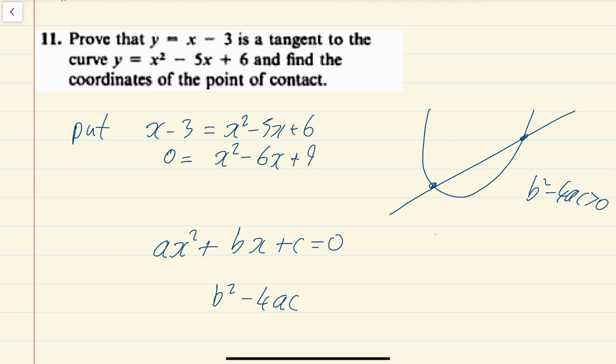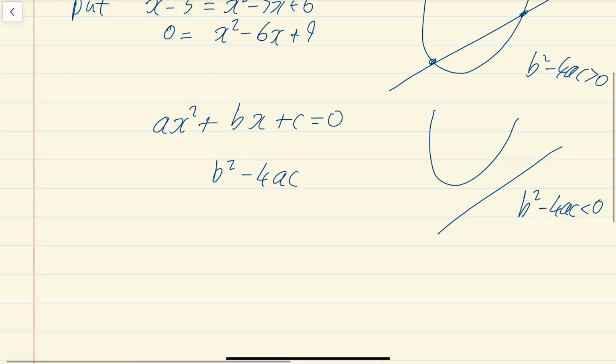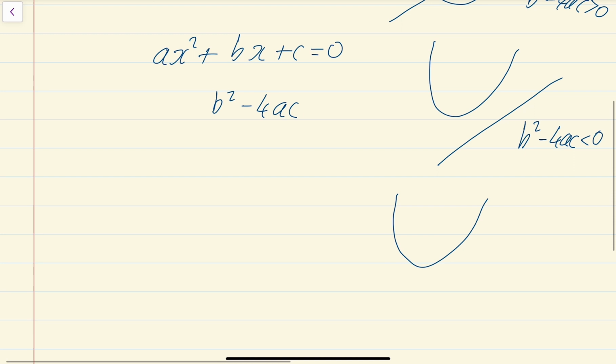The second situation means the discriminant, b squared minus 4ac, will be less than 0. That means there's no real solutions. And the last situation, which we are going to be in here, might not be this shape, but if it's a tangent, then b squared minus 4ac is going to be equal to 0.